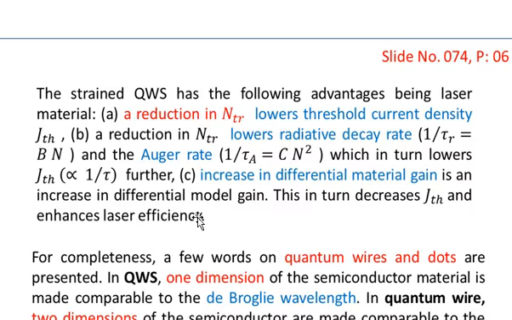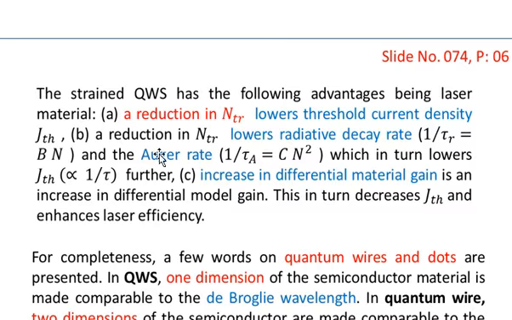So you see that the differential modal gain will also increase. This in turn decreases J threshold and enhances the laser efficiency. Because our systems are working with a reduced value of J threshold, the laser intensity will be improved.